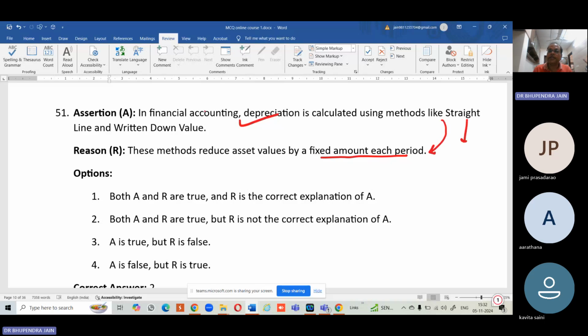Only in the straight line method does the value reduce by a fixed amount, but in the WDV method the value will reduce, not by a fixed amount. So the statements are correct, but R is not the correct explanation of A. A true, R false is wrong. A false, R true is also wrong.